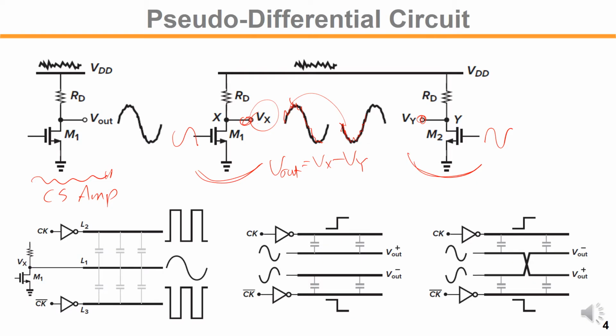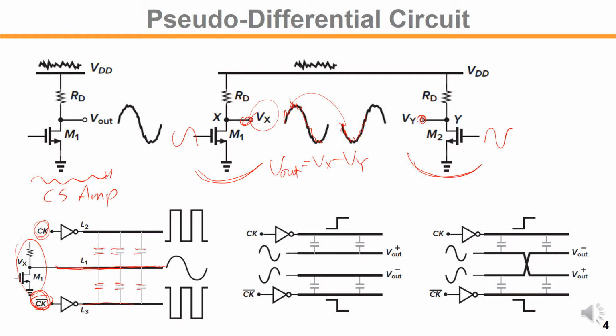In more typical cases, some other techniques to reduce the signal noise coupling are shown here. In the single-ended case, if there is an antiphase, an inverted phase of the clock, for example, then we place our single-ended signal in the middle so that there is exactly the same coupling capacitance.